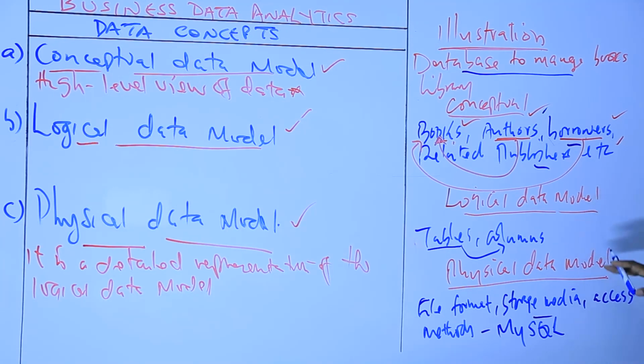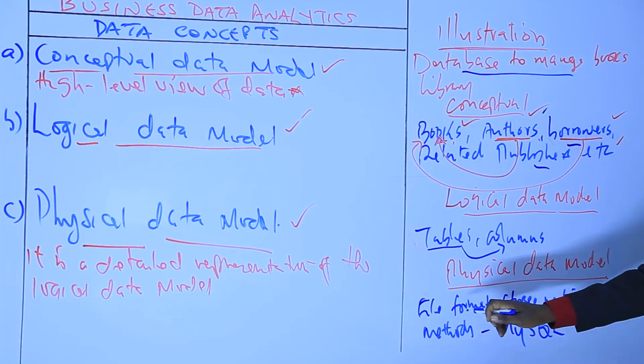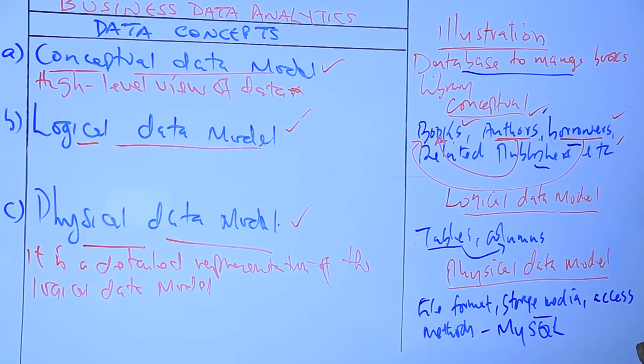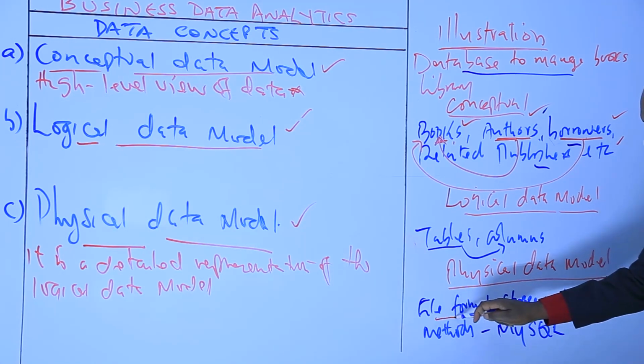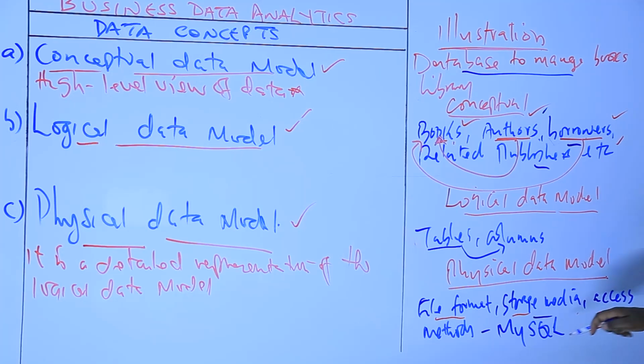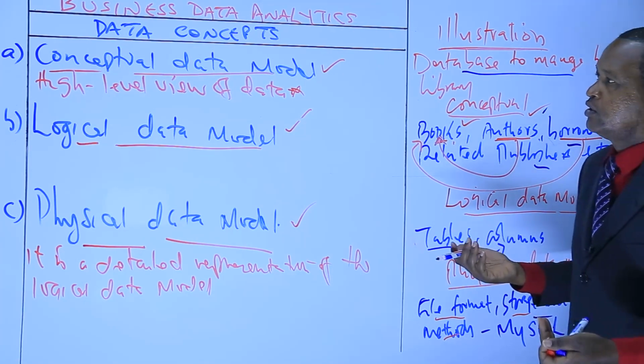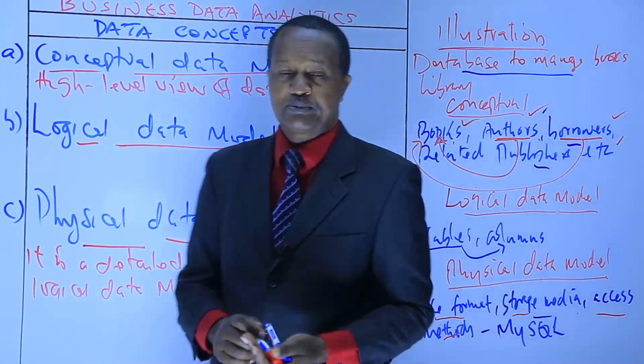Then lastly, the physical data model specifies the implementation details. Like in our case here, we've mentioned the details on the file format, the storage media, the access methods, and so on. All these must be specified in the physical data model. So that's all as far as the data concepts are concerned.